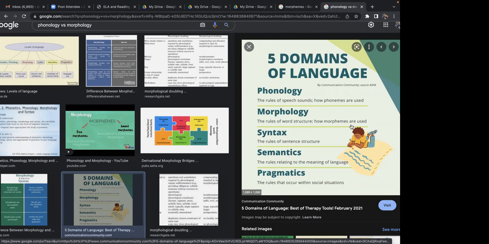So it's about knowing the nuance of language, how language isn't just black and white print, that it's multifaceted, and that there are rules that give meaning to it. And then the rules go even further with pragmatics. And that's rules that occur in social situations, dealing with language and the interactions with other people.